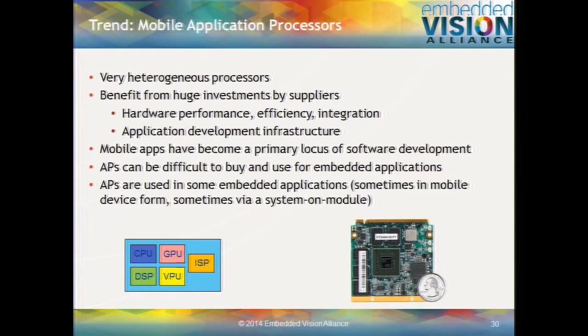And this is not true only in mobile phones, because these mobile application processors are now starting to find their way into lots of other applications, like automotive systems, for example. So these almost exact same processors that you find in smartphones are now showing up in lots of other places.